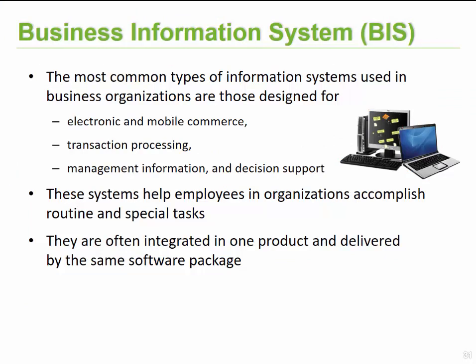Common types of systems that we do find include those that allow us to do, for example, electronic and mobile commerce, to perform transaction processing, to manage our information, as well as to reach specific decisions. As we progress, we're going to look at some of these systems in a little more detail.